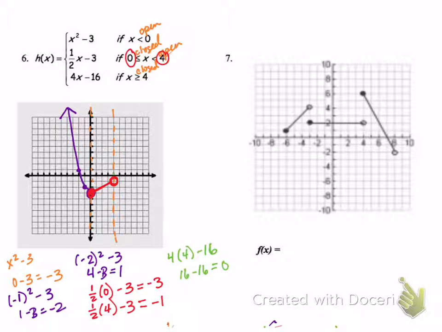Closed. So it's kind of hard to see. I'm going to try and do that. Then the slope is what in this equation? 4. So I'm going to go up 4 over 1, up 4 over 1. I thought we would do it backwards. That was because it was a negative slope. This is a positive slope.